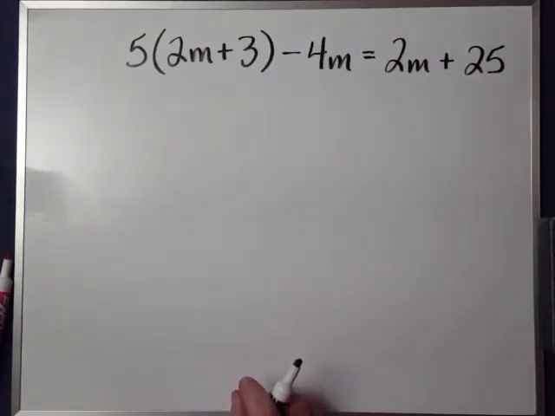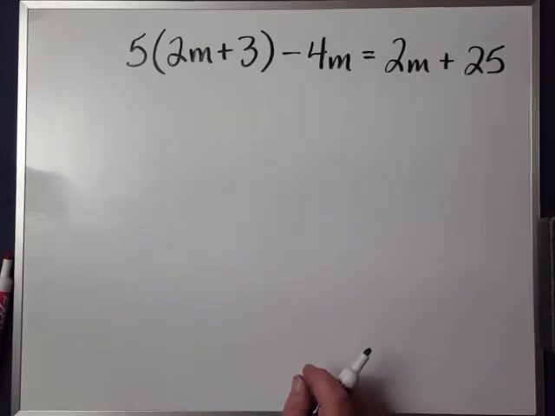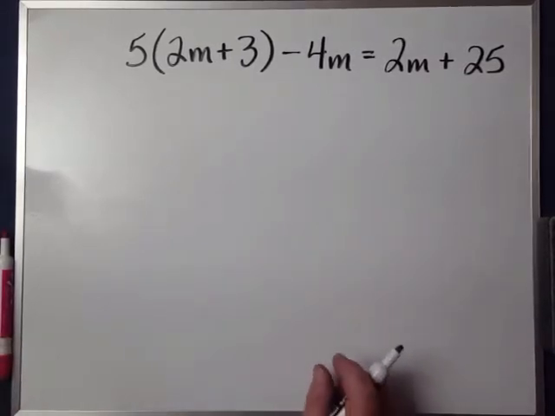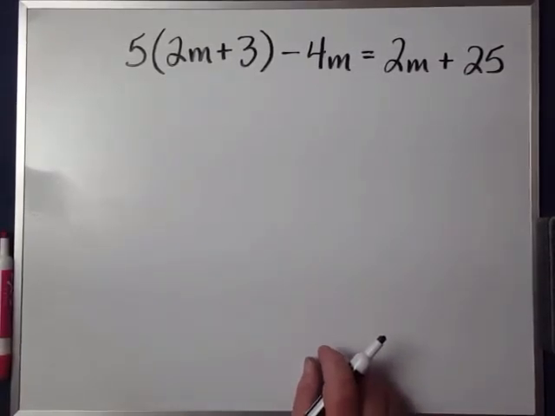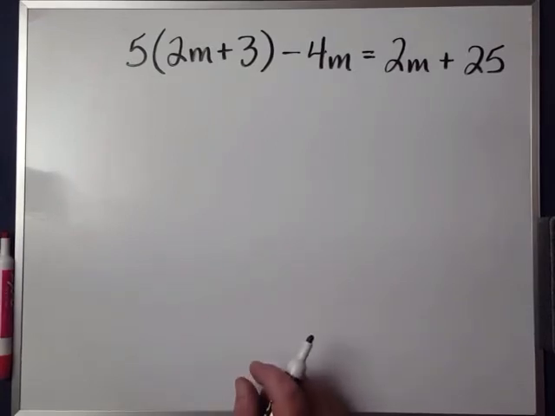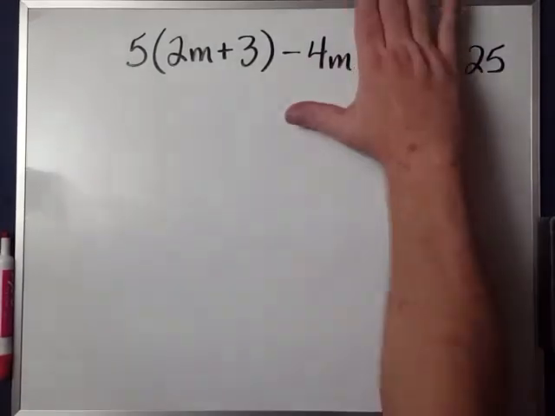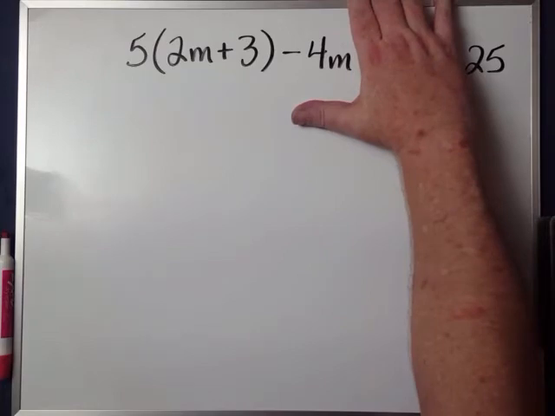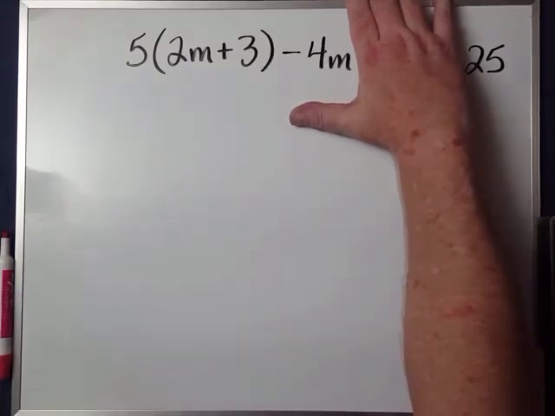I'm sorry, I said that wrong. The right-hand side is already simplified. So we don't have any simplifying to do on the right, but the left does need some work. So looking at just the left-hand side, let's simplify this, which means what? Remove any grouping symbols, combine like terms, perform any operation that can be performed.